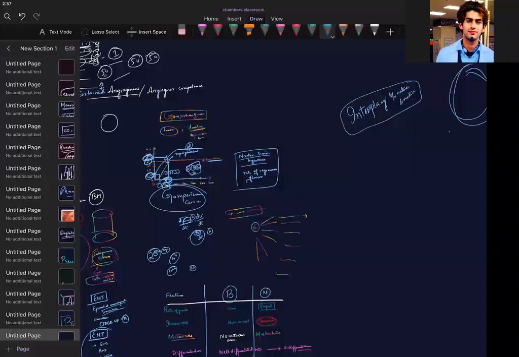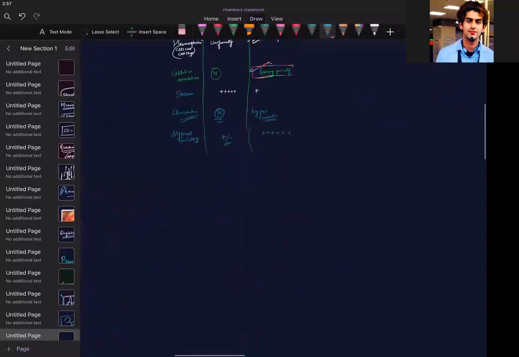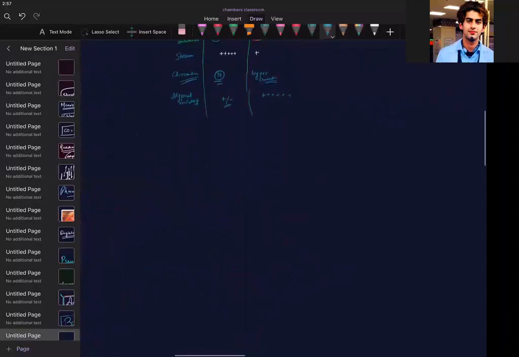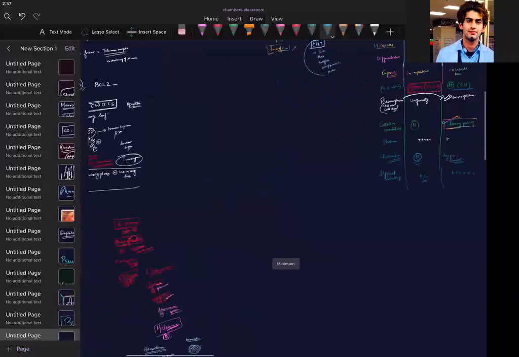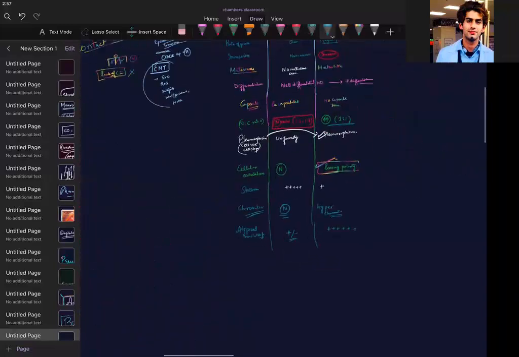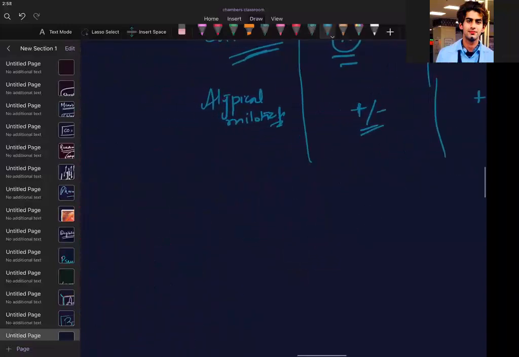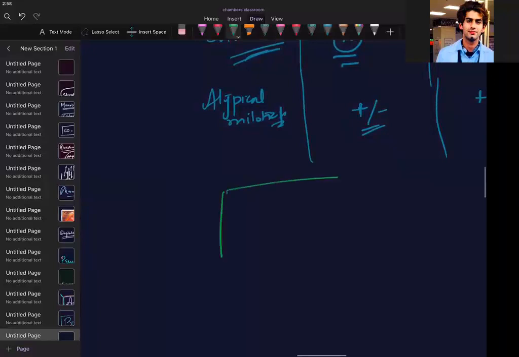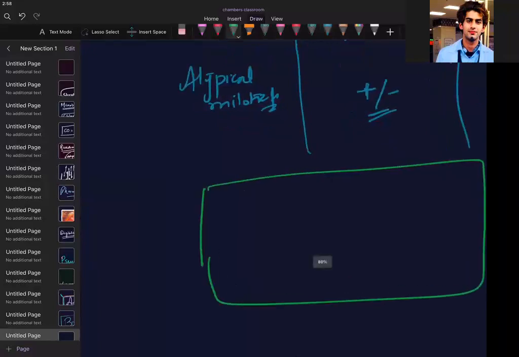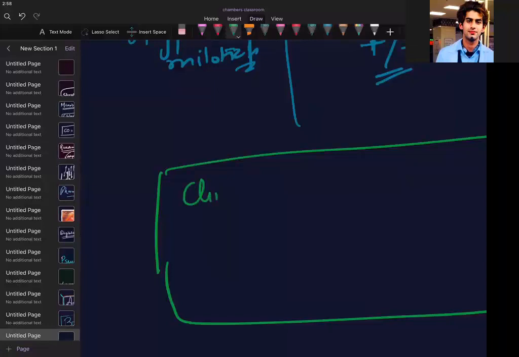So you can write either 10 to the power 8, or if they ask you in grams, how much gram of tumor can be clinically detectable. So let me write clinically detectable tumors. It's a conclusion given to you. Write a box, guys. Write a box. So clinically detectable tumor.